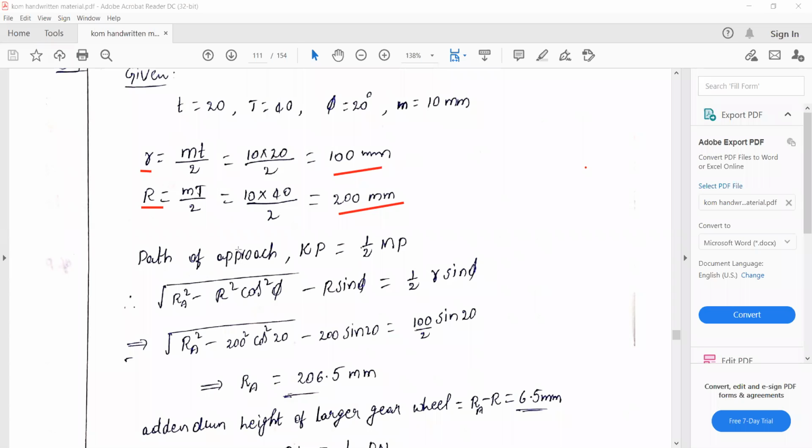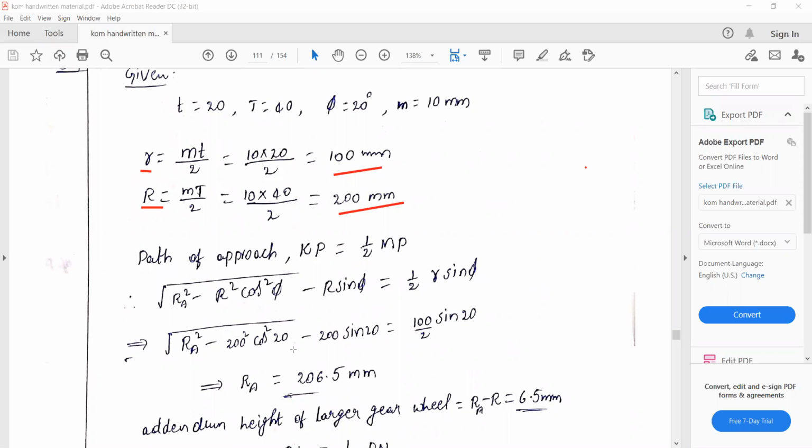What is the path of approach value? KP equals square root of Ra square minus R square cos square phi, minus R sin phi, which equals half into MP, that is, R sin phi. Substituting the known values: square root of Ra square minus 200 square cos square 20 minus 200 sin 20 equals 1 by 2 into 100 into sin 20.